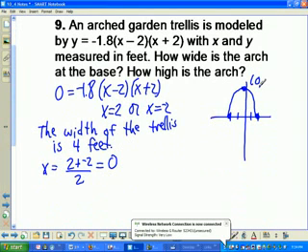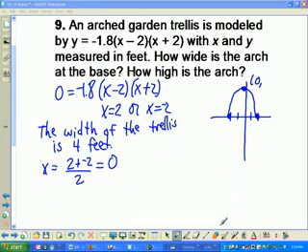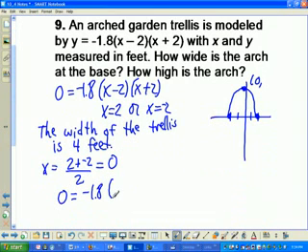So my vertex is at 0. So now I'm going to substitute 0 in for x. So y equals negative 1.8 times 0 minus 2 times 0 plus 2.